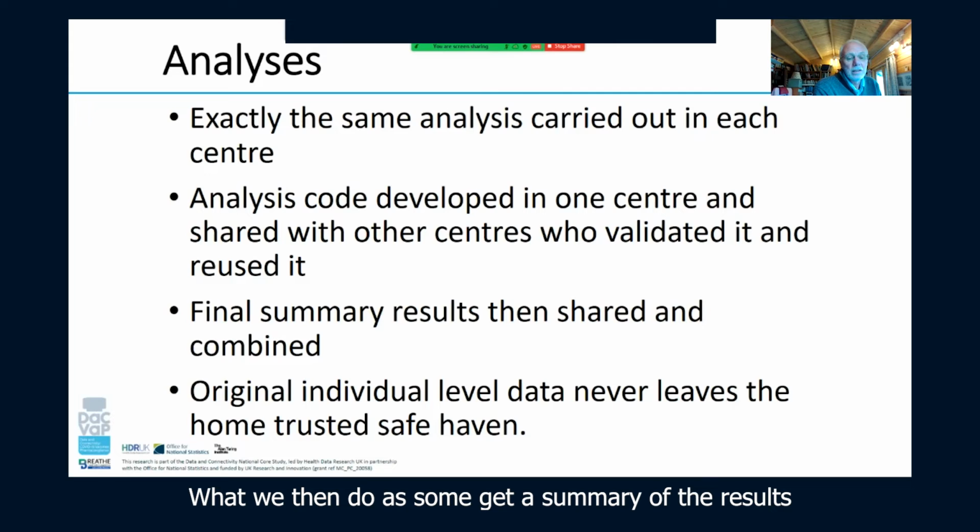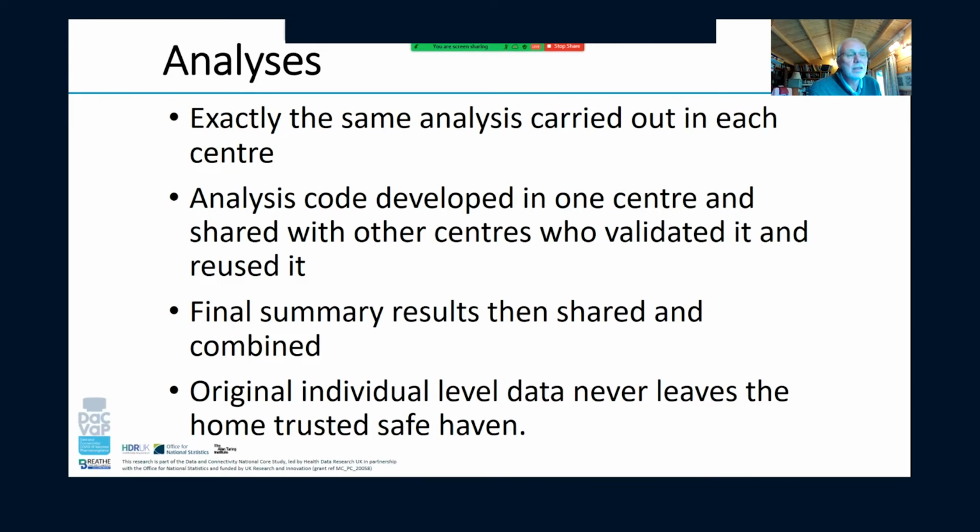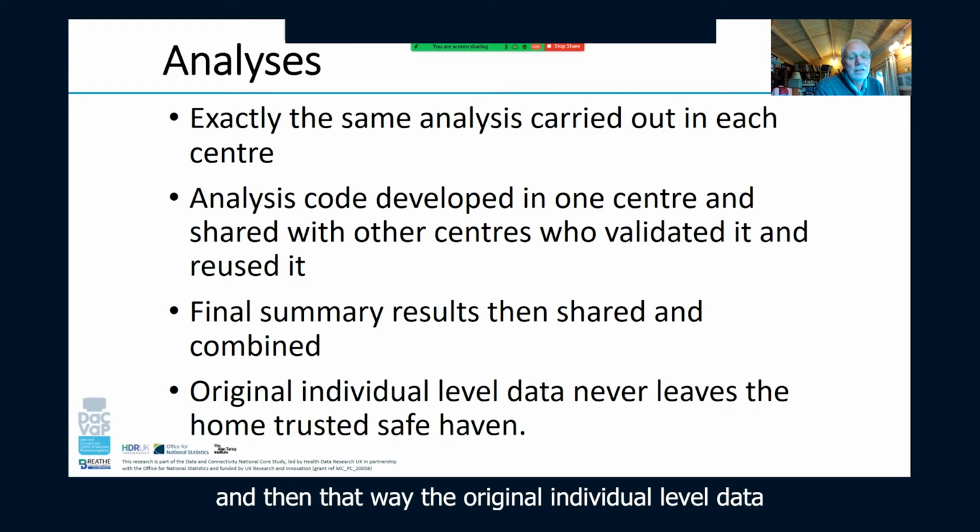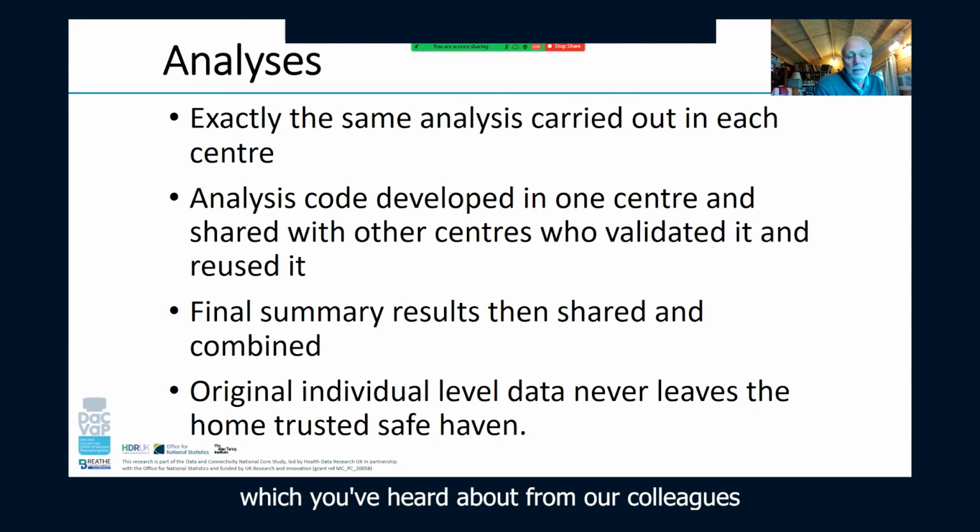What we then do is get a summary of the results, and these are then shared and combined in one of the centres. And in that way, the original individual level data, which you've heard about from our colleagues, never ever leaves the home trusted safe haven. And all that's shared is summary tables, which are put into the publications, or summary estimates from statistical analyses. Next slide, please.